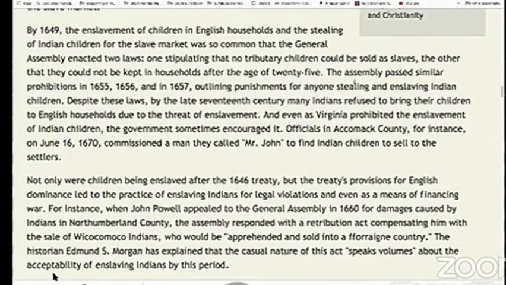The Assembly passed similar prohibitions in 1655, 1656, and 1657, outlining punishments for anyone stealing and enslaving Indian children. Despite these laws, by the late 17th century, many Indians refused to bring their children to English households due to the threat of enslavement. And even as Virginia prohibited the enslavement of Indian children, the government sometimes encouraged it. Officials in Accomack County, for instance, on June 16, 1670, commissioned a man they called Mr. John to find Indian children to sell to the settlers.